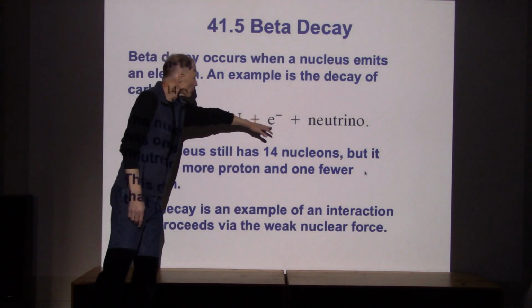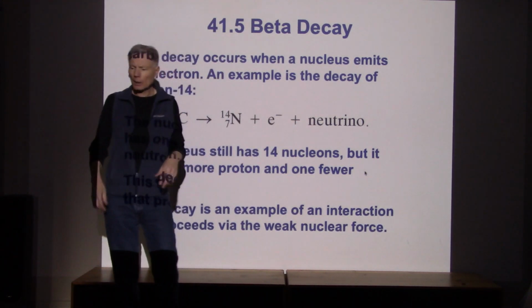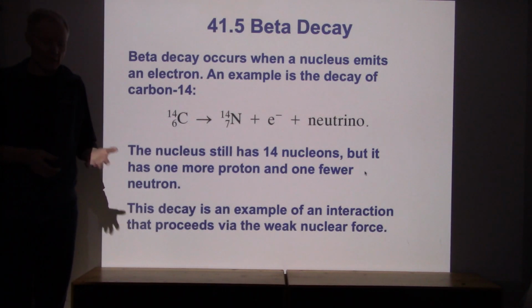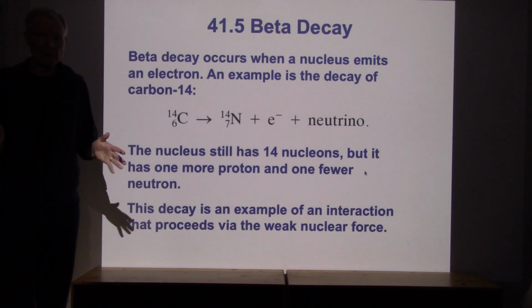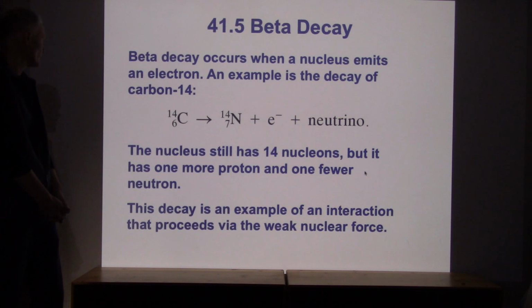Now, this shows that we have an electron and a neutrino that are given off in these decays. And the electron is really low mass, and the neutrino is really, really, really low mass. And that means that they're going to carry away most of the kinetic energy in these reactions.